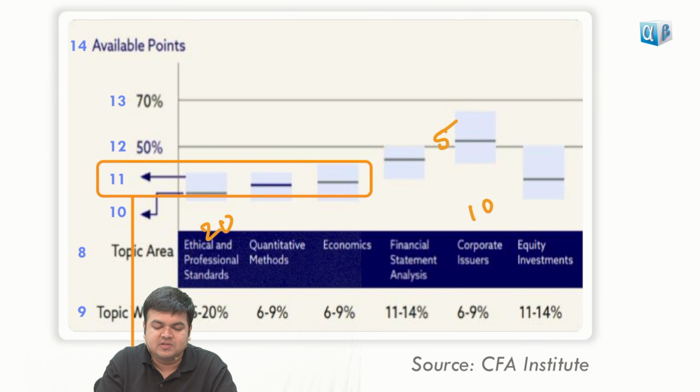Out of 20 questions, if I have marked 10% correctly, I have marked 2 questions correctly. Or if I marked 50% of the questions correctly, I will get 10 questions right. So for 50% in corporate issuers, I'm over here with 5 right questions, but in ethics, I'm over here with 10 right questions, because it is showing you percentage.